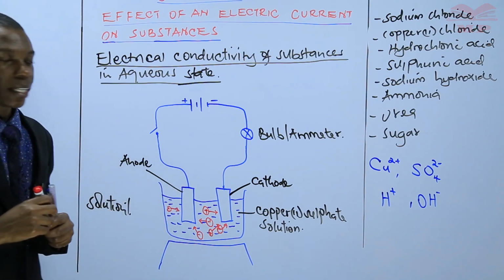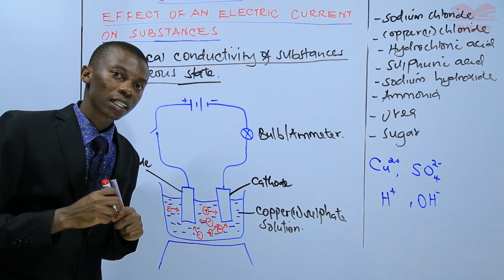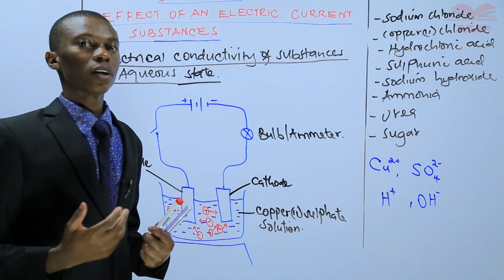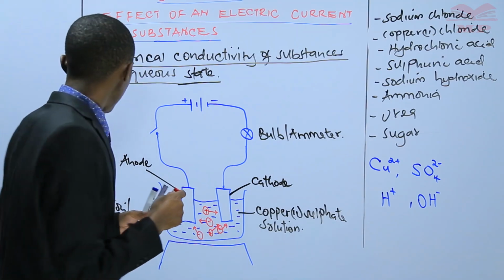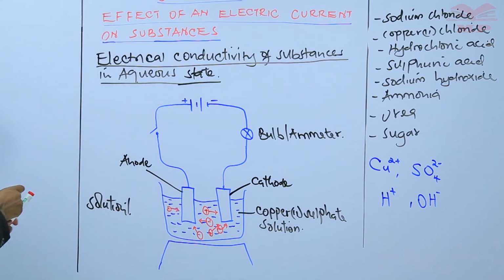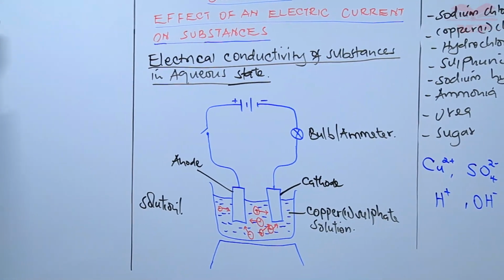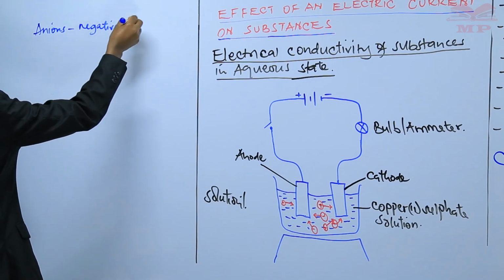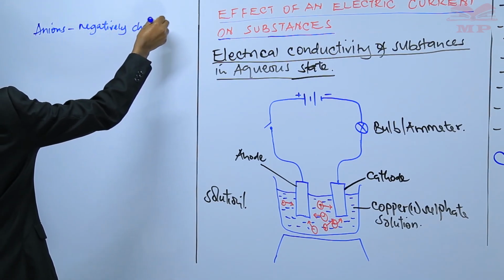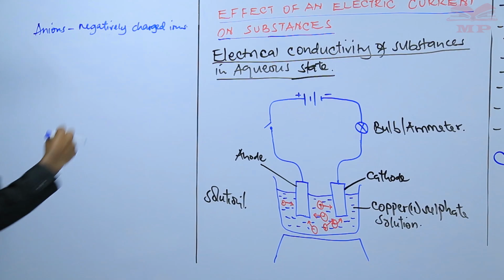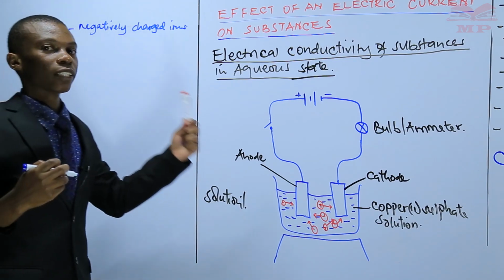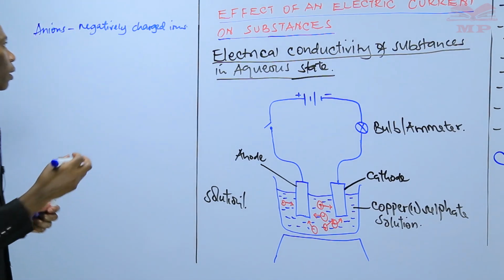Negatively charged ions, remember, are called anions, while the positively charged ions are called cations. We expect that anions, which are the negatively charged ions, migrate towards the anode.